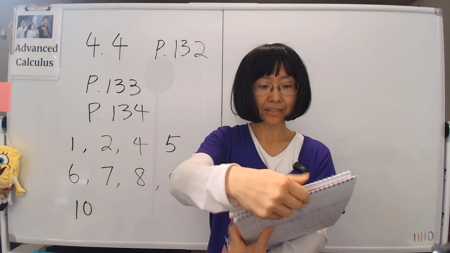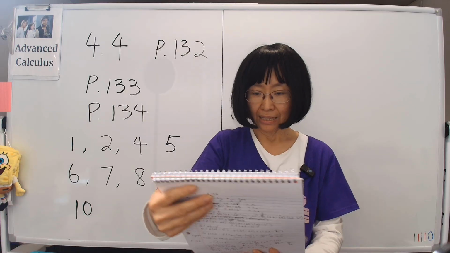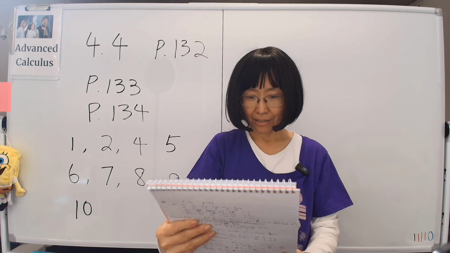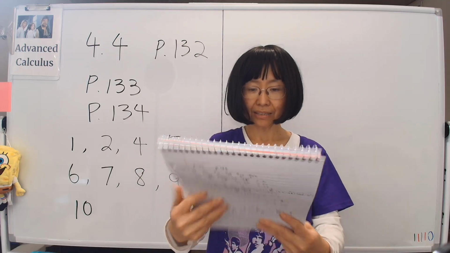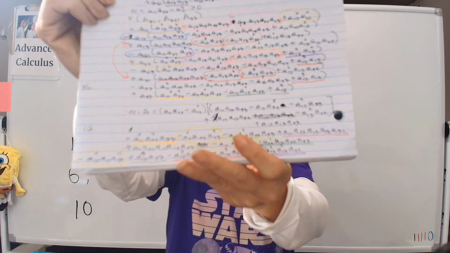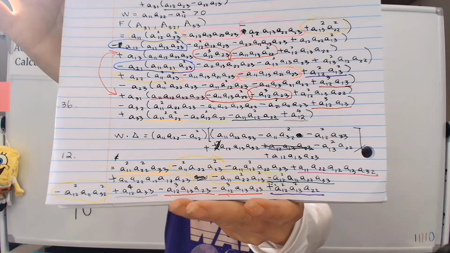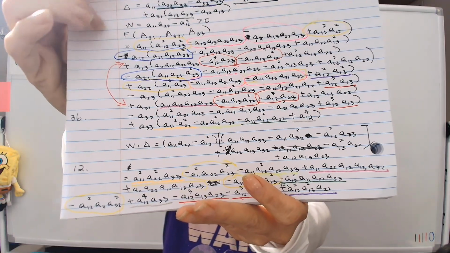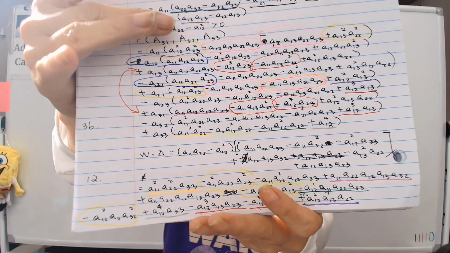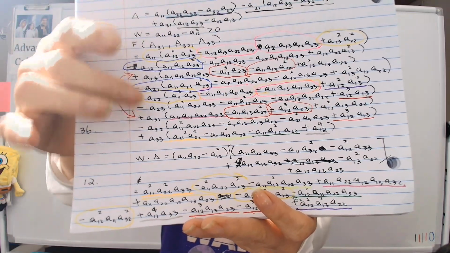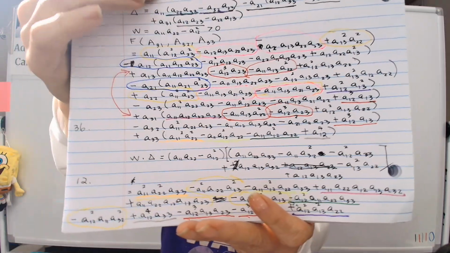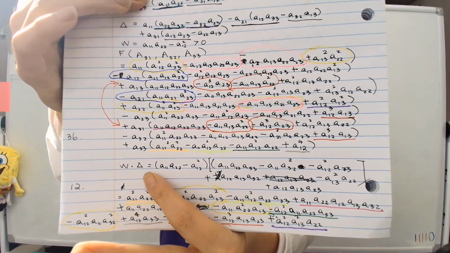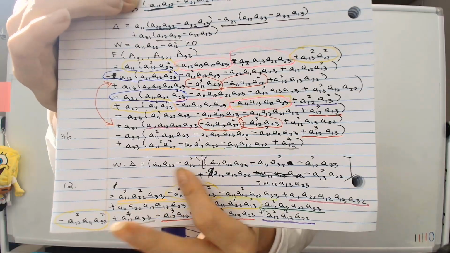And then the third, the 3 dimensions, that's when I got into serious trouble. Anyway, I wrote it all out, and I could not get it to work. The point is, we need to prove the big F, with the a31, a32, a33, and I probably messed up in here, being that I couldn't get it out. It has to be equal to w times triangle, where w is the 2 by 2 determinant.